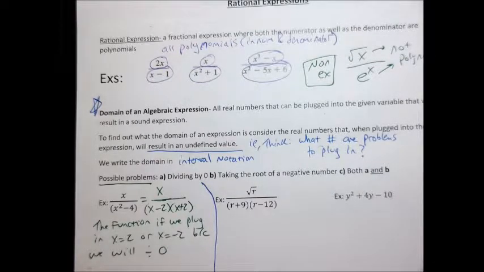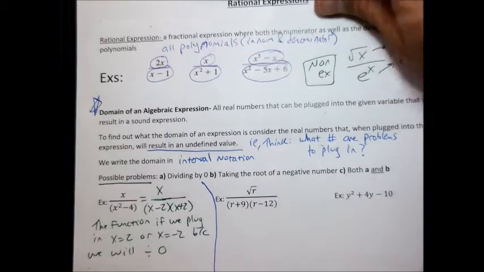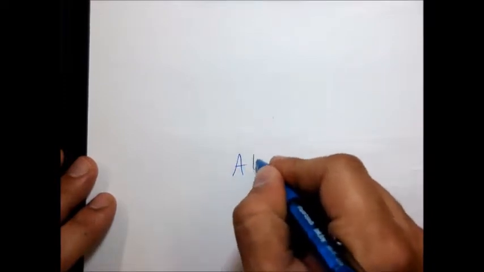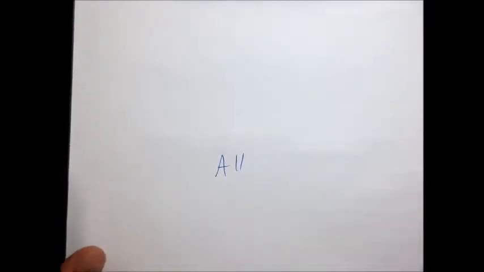And so then when we write down the domain, we do so using interval notation. And we've already practiced doing that, so I'd like you to give it another try. I'll just remind you real quick how we do that. This was from the very first homework, the orientation, right?